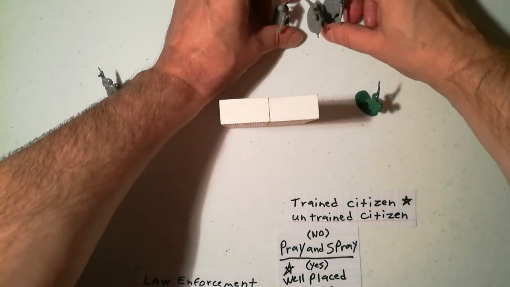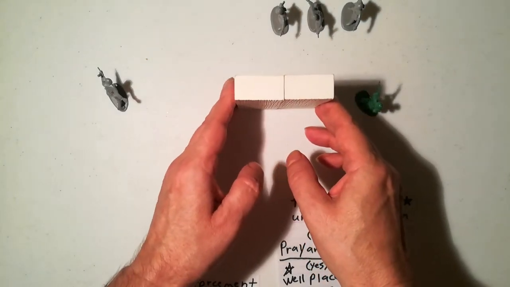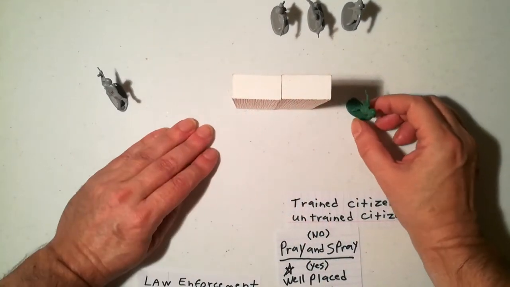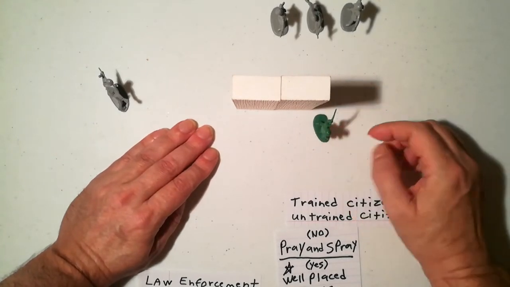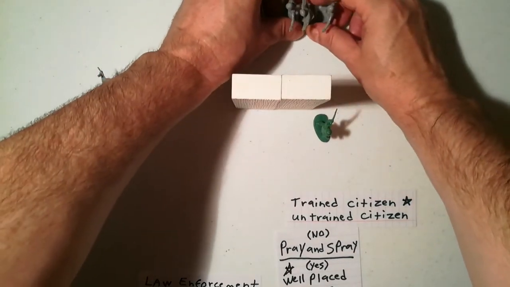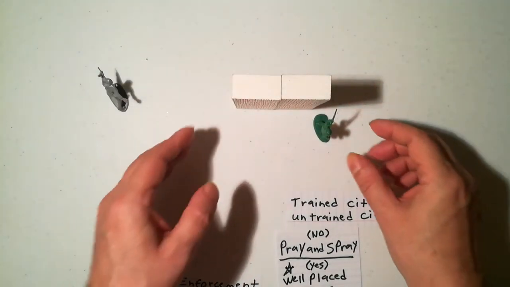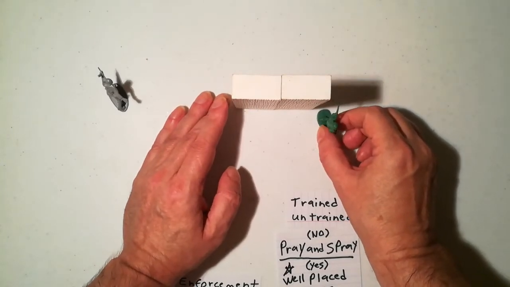What you have to understand about a citizen, how it's different than law enforcement, is you're just going to get them off your back. You're just going to shoot a couple times and take cover. And if these guys should run away, if they should run over here, then you don't have to pursue them like law enforcement would, which means you need less ammo.